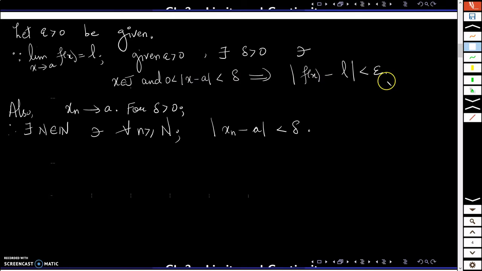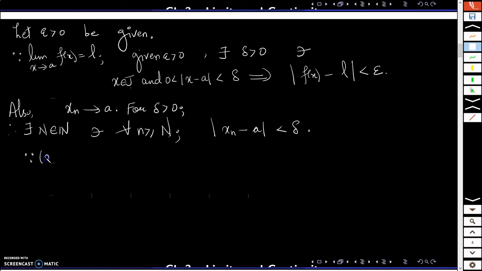This is going to happen: |f(x) − L| will be less than epsilon, right? So if I combine both the conditions, what do I have? For all n greater than or equal to capital N, |xn − A| is less than delta, right?